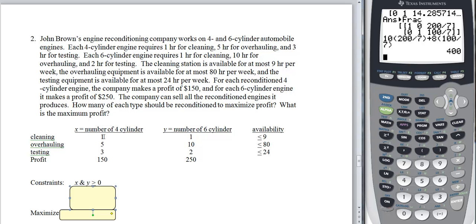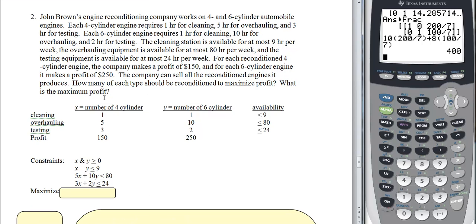So for cleaning, my constraint would be X plus Y less than or equal to 9. And see if you see the other ones. They did ask us to maximize the profit, and if you'll notice, this is the only line that does not have an inequality associated with it. So I want to maximize my profit.